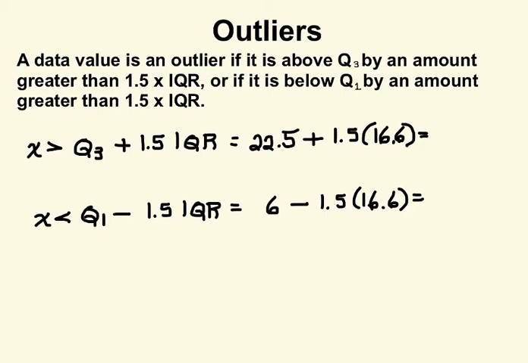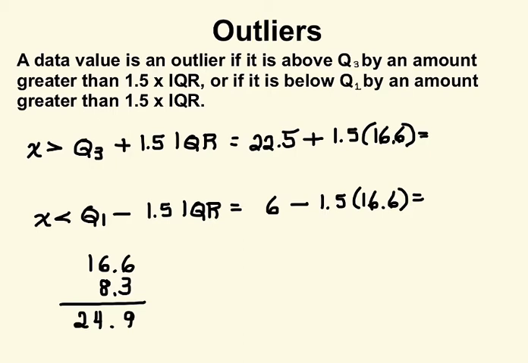So here's 16.6. Half of 16.6 is 8.3. If we add them together, we get 1.5 times the interquartile range, because 16.6 is 1 times the interquartile range, and half of that is 8.3. Add them together, and we get 24.9.